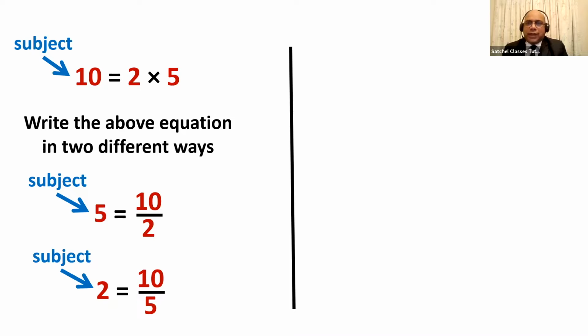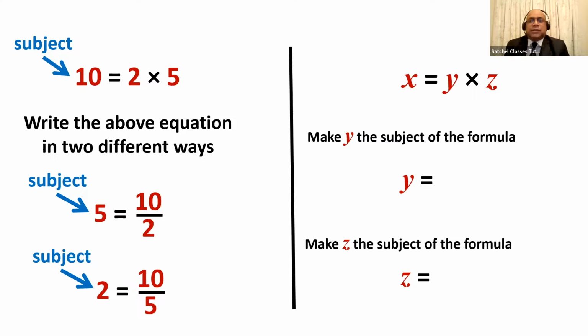Let's look at this from an algebra point of view. It's given that x equals y multiplied by z. So you can draw a parallel from the example on the left. How can you make y the subject of the formula and z the subject of the formula? As you can see, if x equals y times z, then y will be equal to x over z, correct?